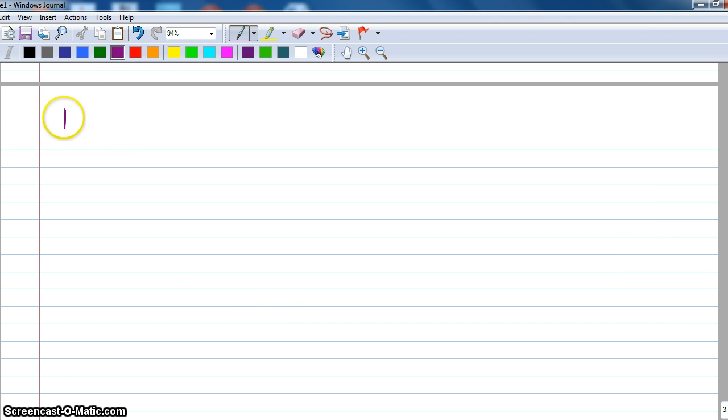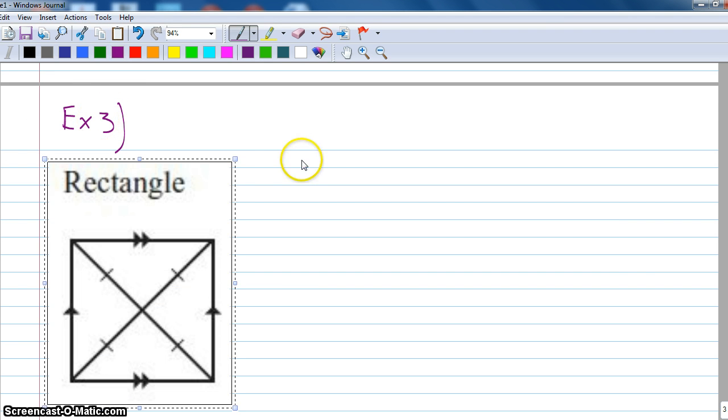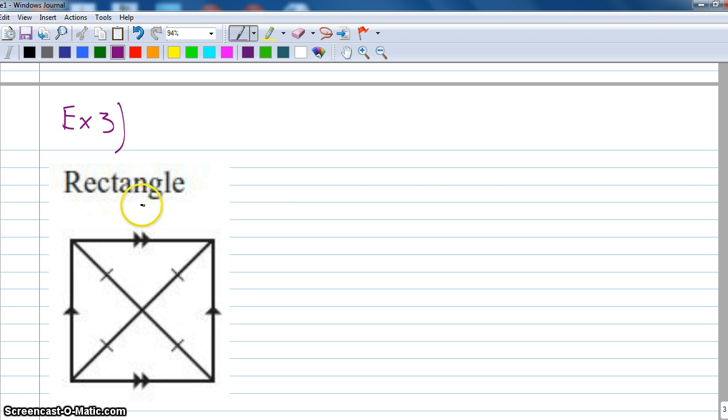Alright, example 3. Example 3 says, is there enough information here to prove that this shape is a rectangle? So go to your notes, find rectangle, and see what it says.